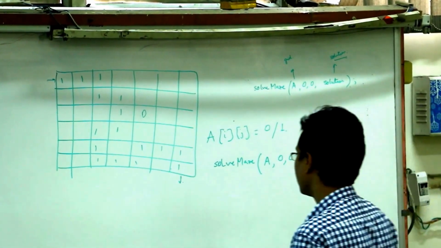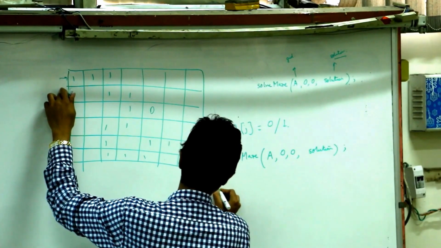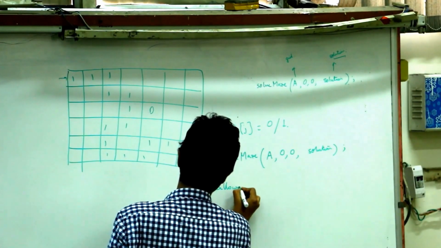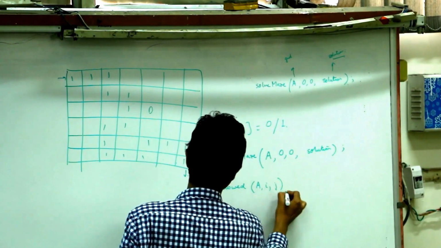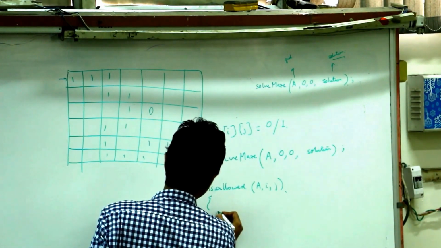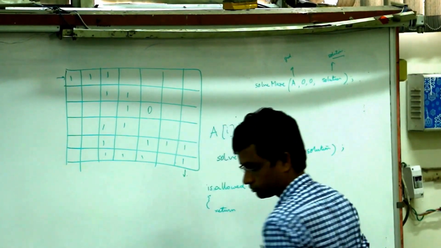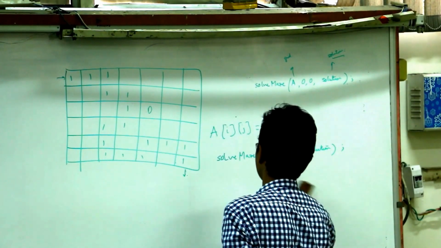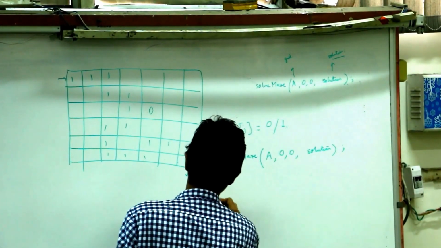And how do we solve this? We write a routine which checks whether Ij is safe or allowed, and it should return 1. Please write it bigger, it's not visible. We will use some auxiliary routine which is is allowed.